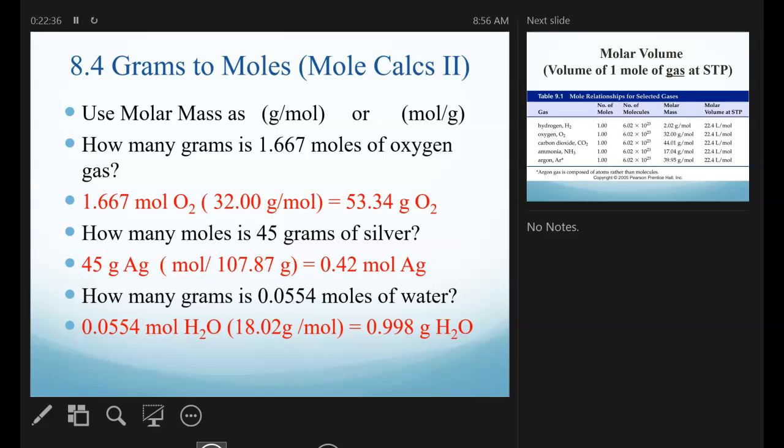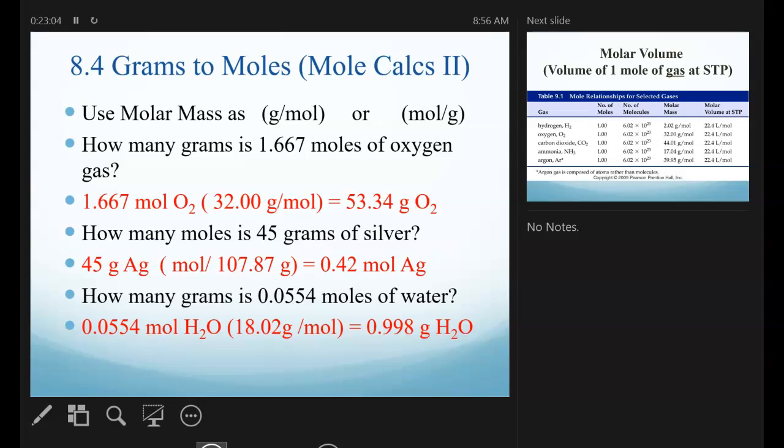How about if the question said, how many grams are in 0.75 moles of H2O? Before you can start the problem, what do you need to do? I need to find the H and I need to find the O, right? The given is what here? H2O. So that's not a single element, it's a compound.